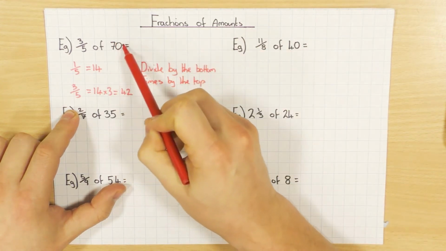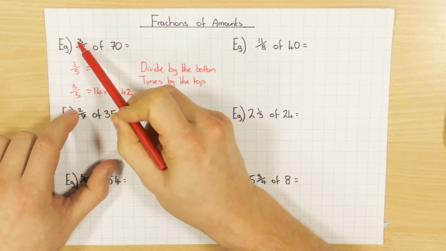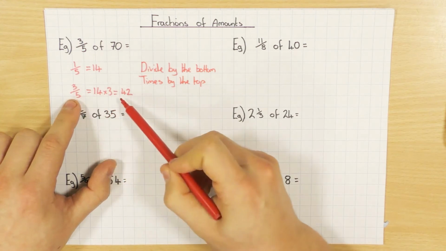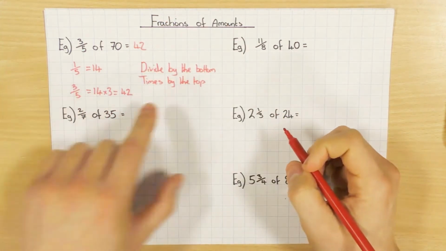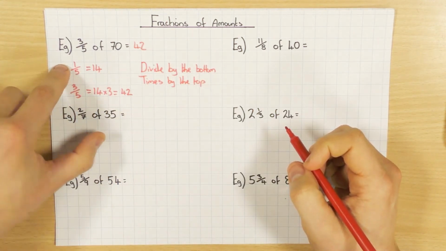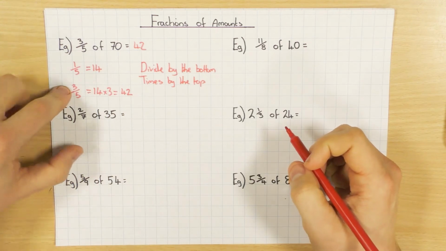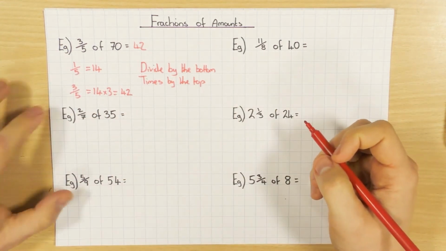So this one here, 70, we divide by 5, that tells us what 1/5 is, and then we times it by the top, so we times it by 3 to tell us what 3/5 is, and as we said, that would be 42. Okay, but that's why this works. You divide by the bottom number to get what 1/5 would be, then times by the top to find out what 3/5 would be. So I'm going to use this for all of these that are coming up now.